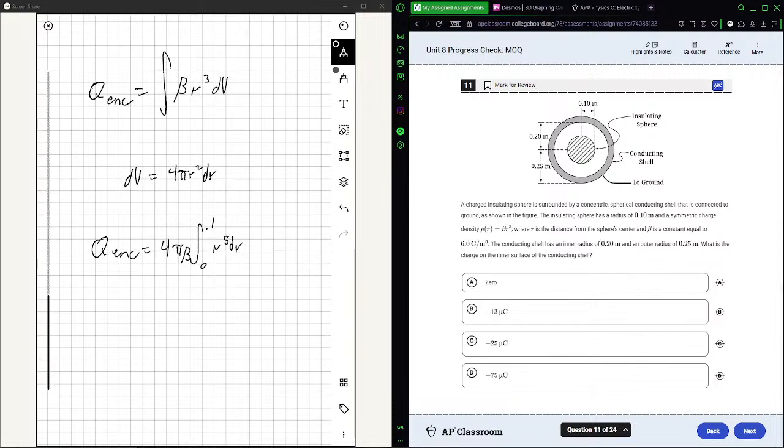So that's gonna be equal to beta 2 over 3 times. Wait, hold on. Really quickly. As someone who is a chronic non-studier, what does the inner thing have to do with anything? This is the density of the inner sphere, and it's showing the radius of the insulating sphere. Does the insulating sphere have charge?